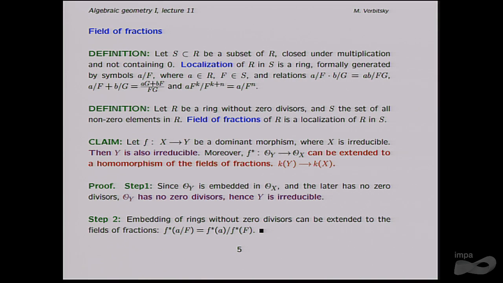And then, if X has no zero divisors, then Y also cannot have zero divisors. This is much simpler than what I told you here, but slightly less geometrical. Questions, comments? So in fact, you can forget this. This is a nice geometrical picture, but this is much easier.